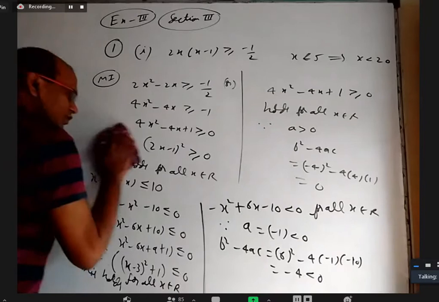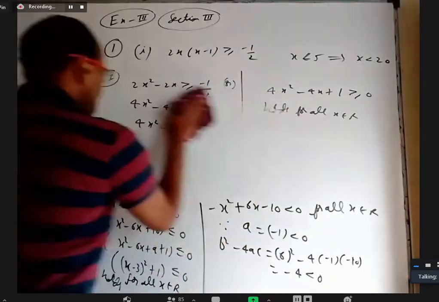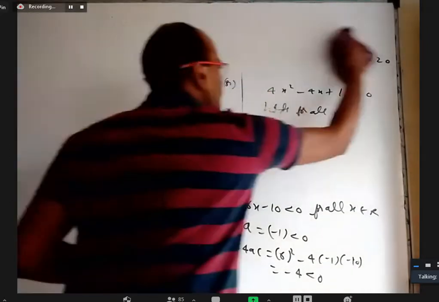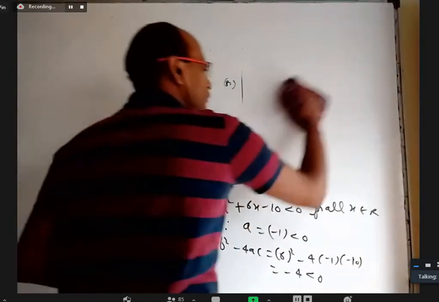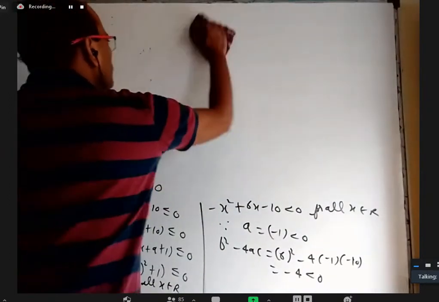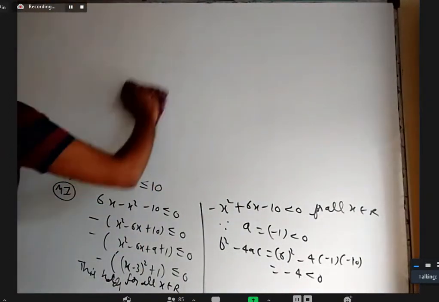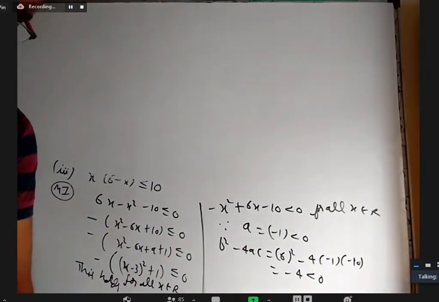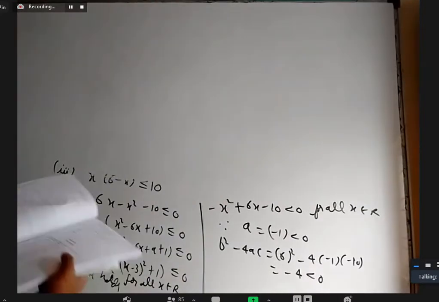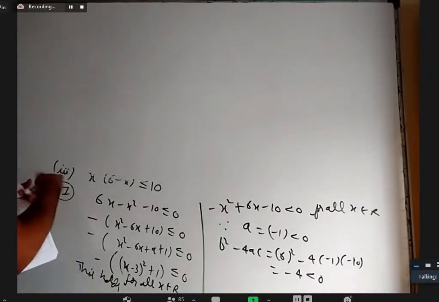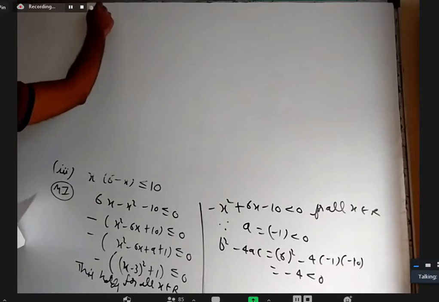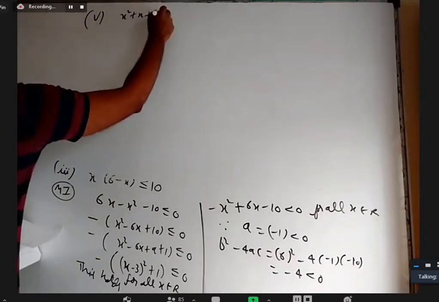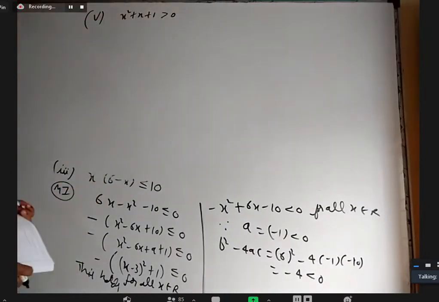Okay. Next, fifth question. x square plus x plus 1 greater than 0 for all x belongs to R, we have to prove.